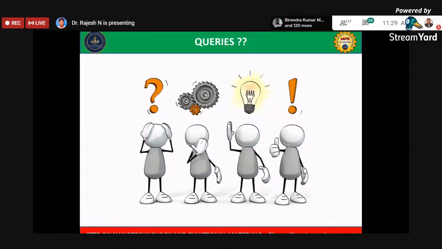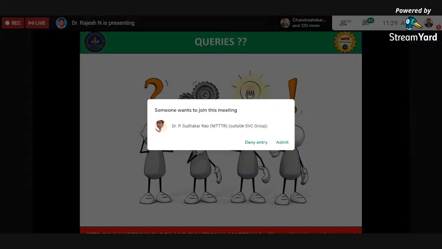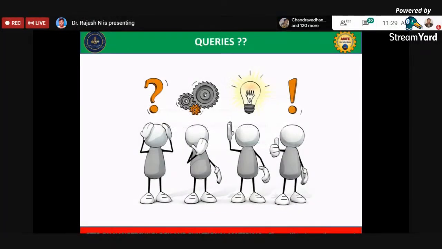Another question from Professor Pankaj. Can we synthesize magnesium using laser ablation? Okay. What kind of synthesis are you looking for? Are you trying to create alloys? Are you trying to create parts? Or what are you trying to achieve by the laser ablation method?